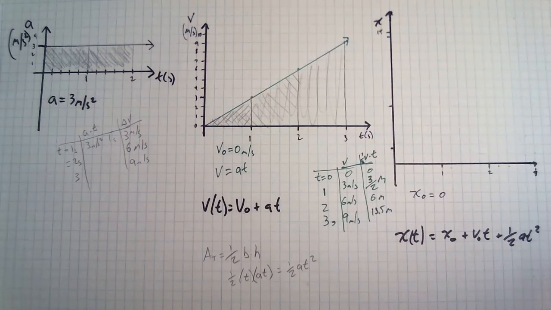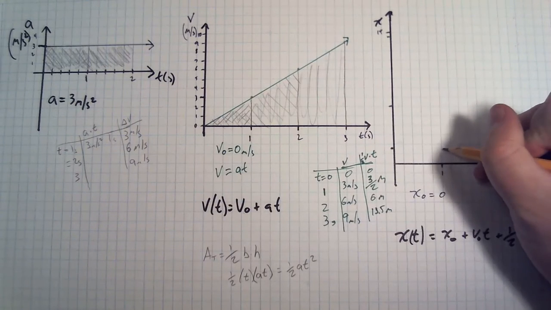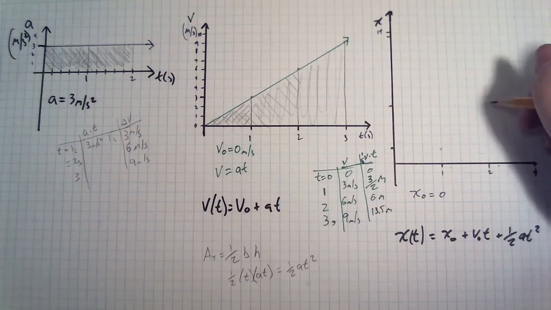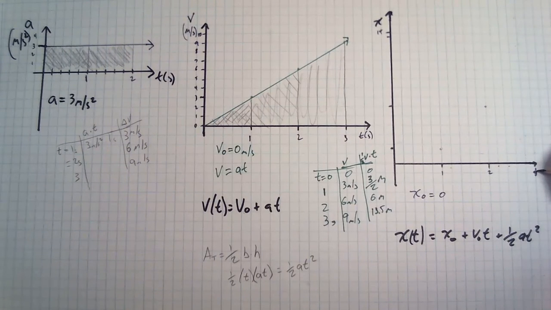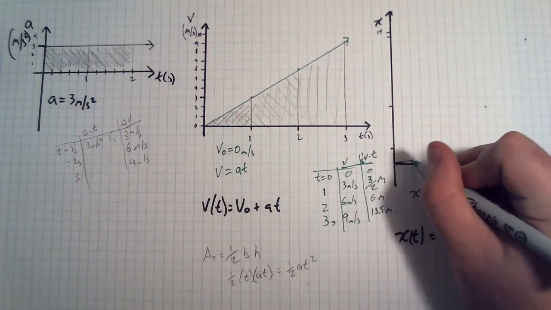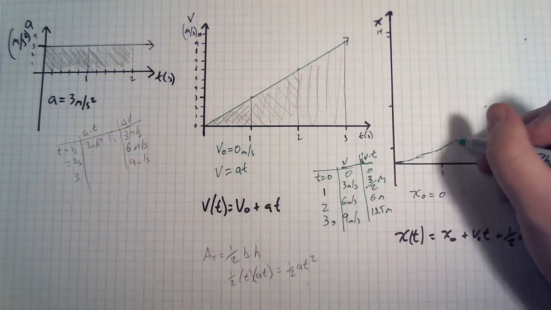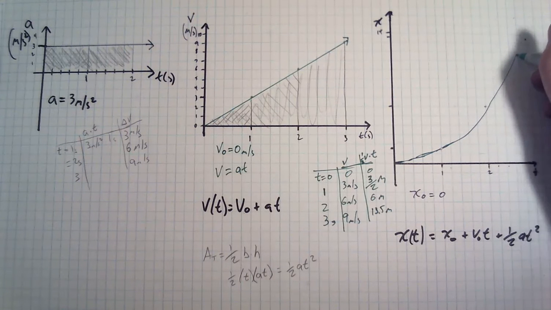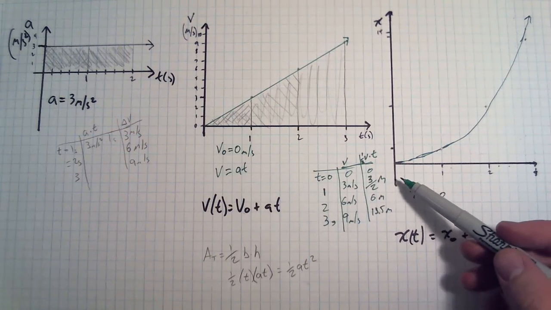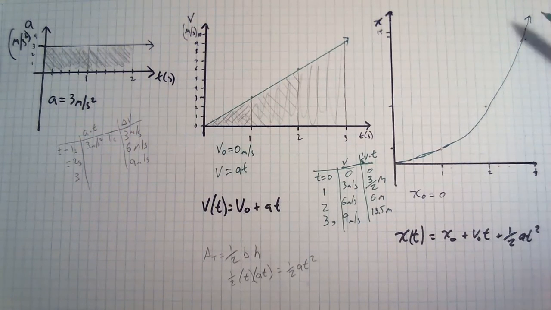If I plot these, we're going to have 0, 0; 1 and 1.5; 2 and 6; and 3 and 13.5. Now I can draw a better parabola, starting with a 0 slope and working our way up. Oh man, that's horrible, but you get the idea. So there's my position time parabola.